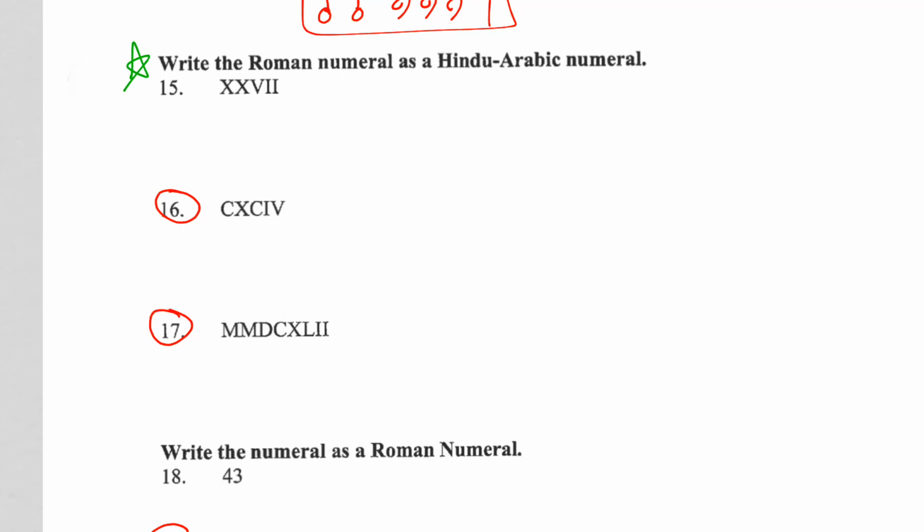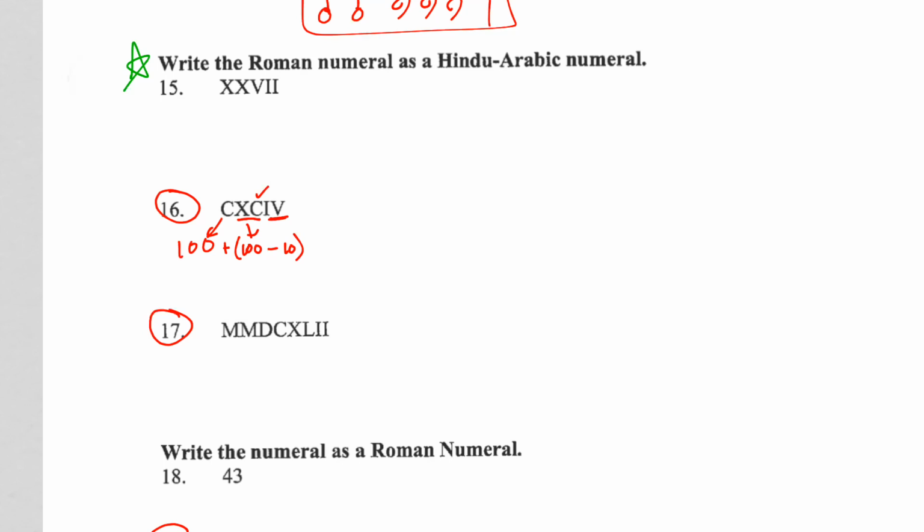The first one: the C we know is worth 100, and there's another 100 right here, the other C. You're not allowed to do CXC unless the X is connected to this second C. These two together are a subtraction problem, 100 minus 10.